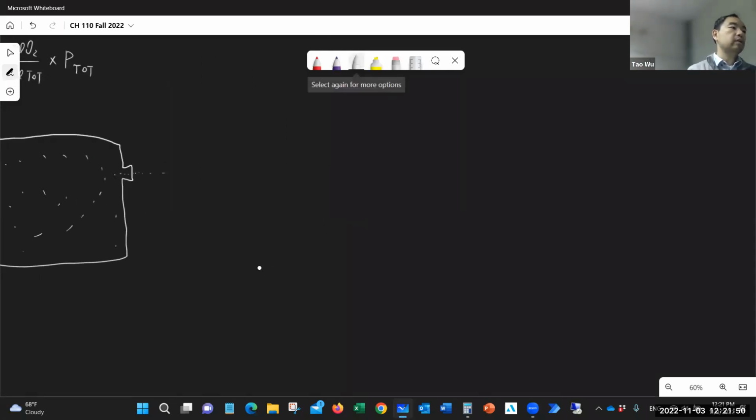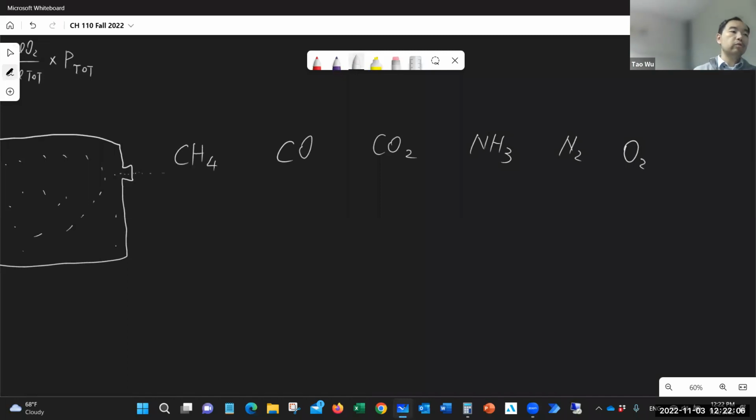Now that you conceptually understand, we have some examples. We have some gases: CO, CO2, ammonia, nitrogen, oxygen, and methane. So now we have those 6 gases, and the 6 gases try to attend the Olympic track speed. Which one is going to run or diffuse the fastest?